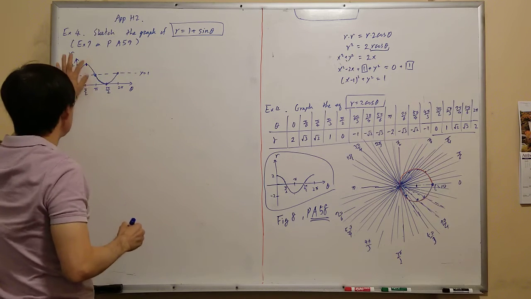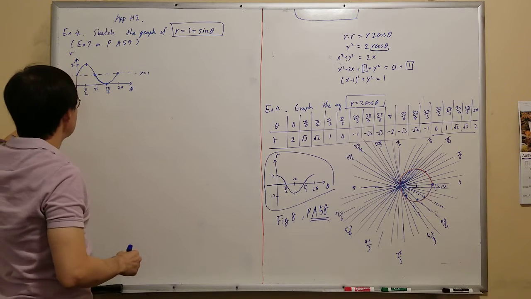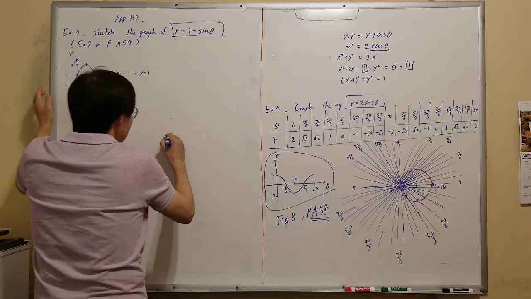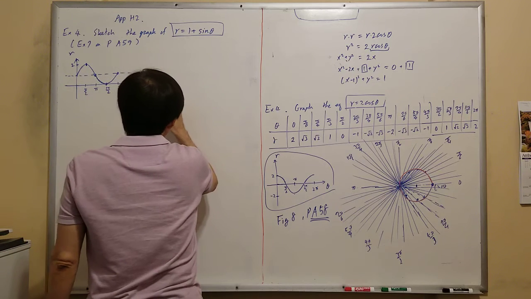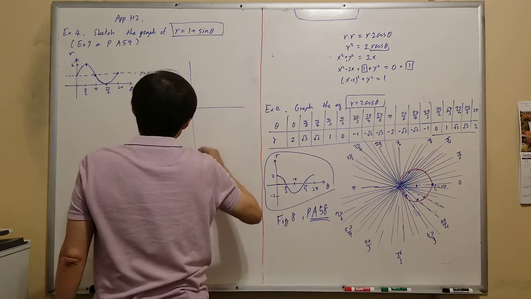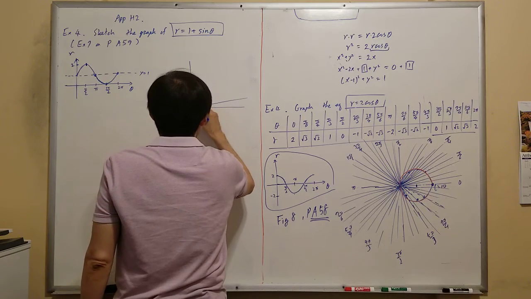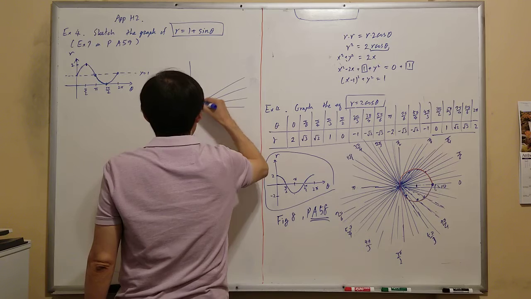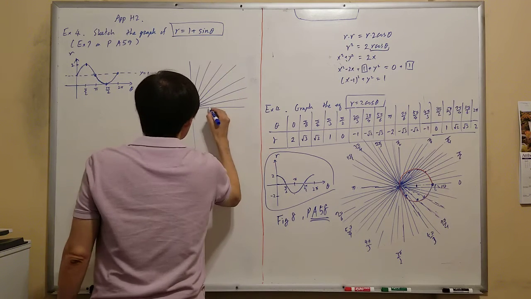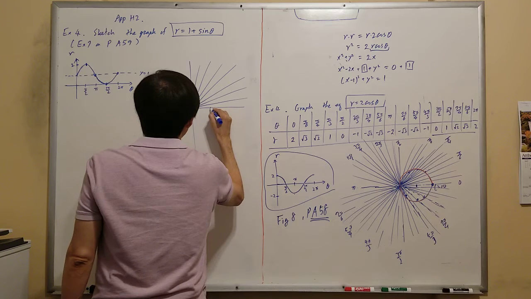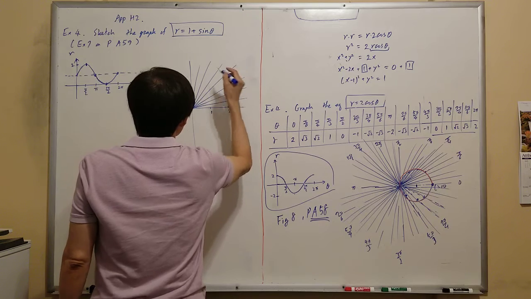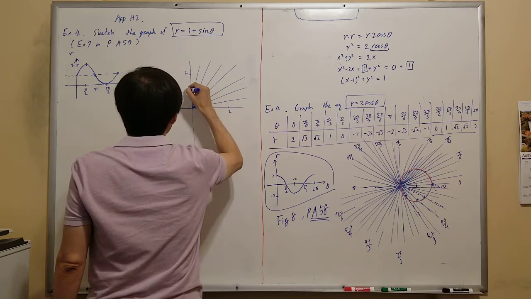This is at pi over 2, 2. So from 0 to pi over 2, from 1 to 2. So we're going to draw that graph. Careful. As theta increases, let's say this is 1 along the x-axis.